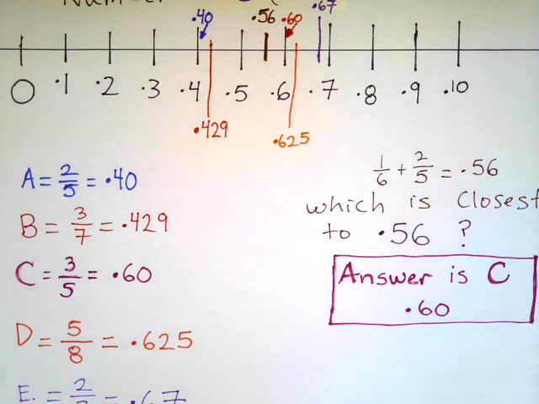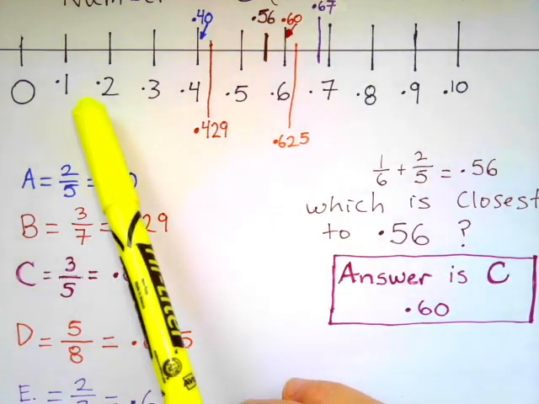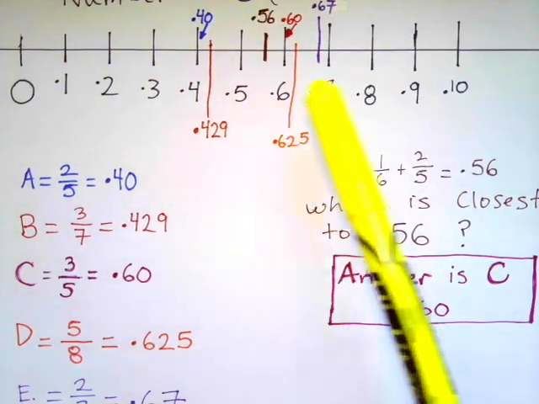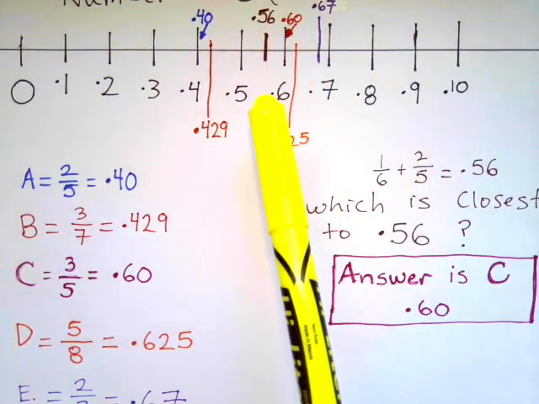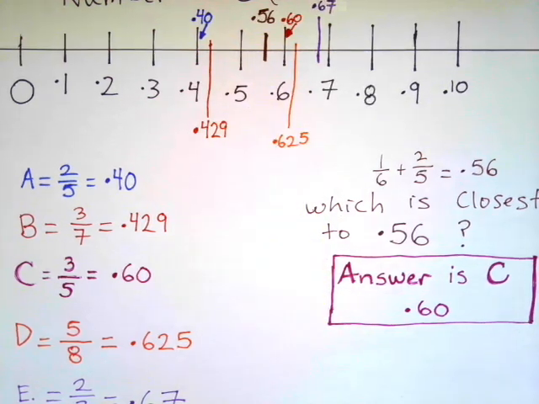I know I kind of messed up these values here. Maybe these should have been 0.01, 0.02, but I wanted to give you a visual on how to see how you can find 0.56 or 56 cents is closest to 60 cents. That answer would be C.